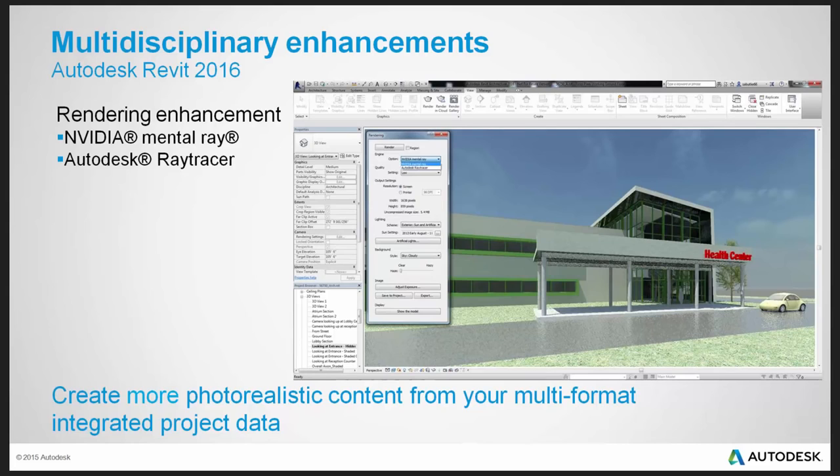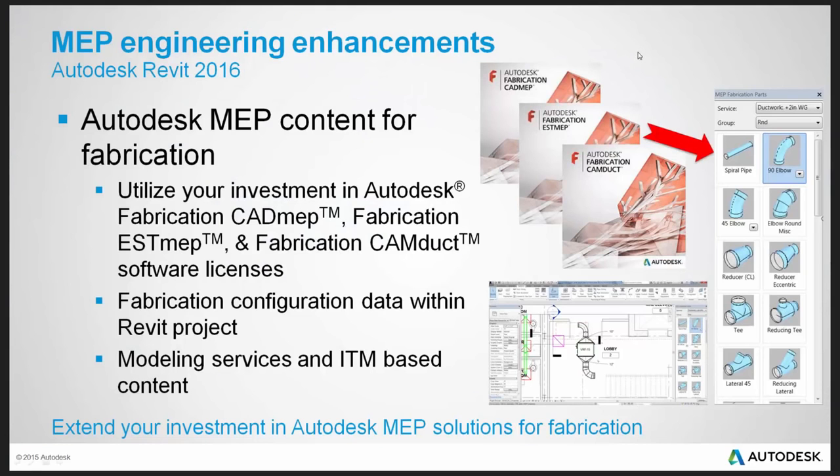So on to the specific mechanical enhancements. This is the big one right here. I'm sure that some of you have heard of this. I'm sure that some of you have seen this.